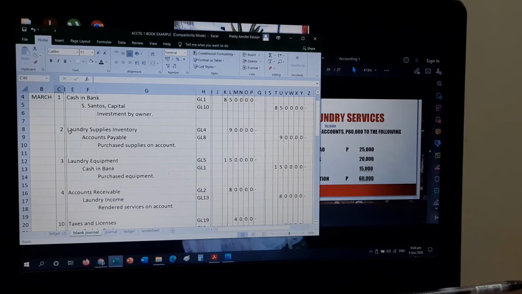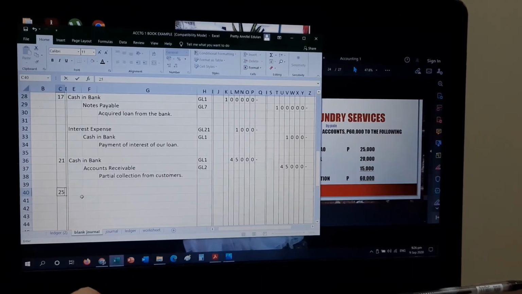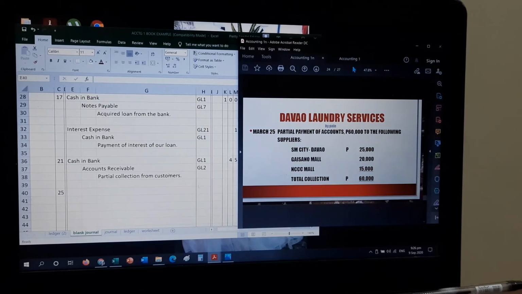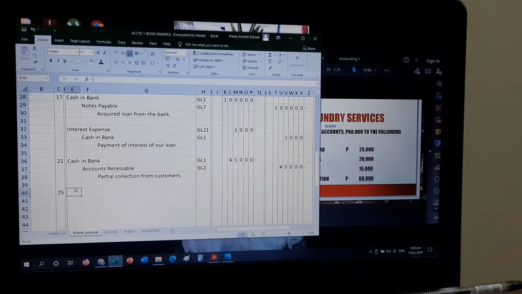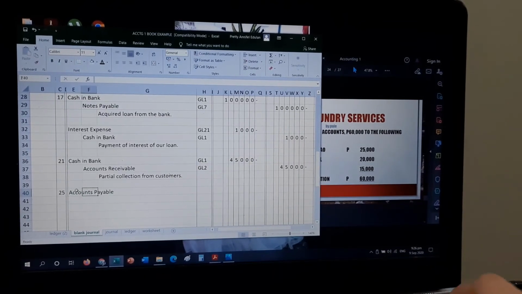You purchased supplies, but you promised to pay 90,000. It was verbally done. Then here comes March 25. You paid 60,000. So, partial payment. Since the normal balance of accounts payable is credit, for you to lessen that balance, you have to debit accounts payable.